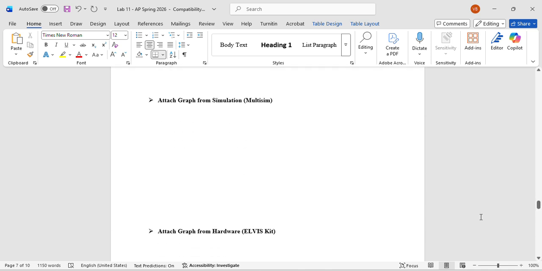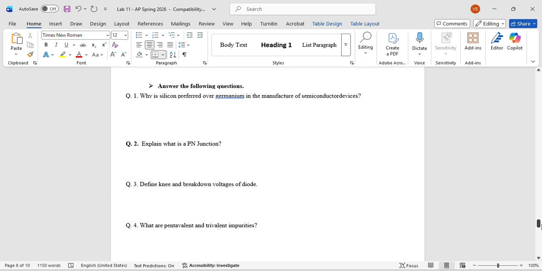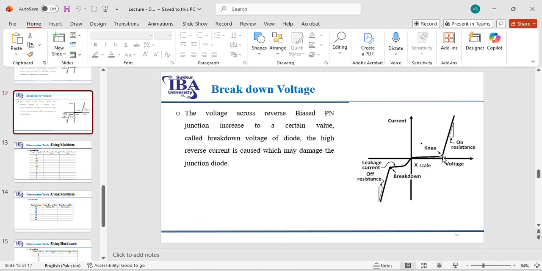And there are a few questions. Here we will attach the graphs that we will plot using Excel. And there are some questions for you: why silicon is preferred over germanium, PN junction, knee and breakdown voltage. What are these terms? They are explained over here. This is knee voltage in forward bias, from where it conducts.